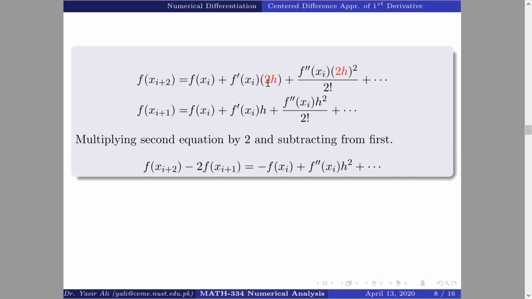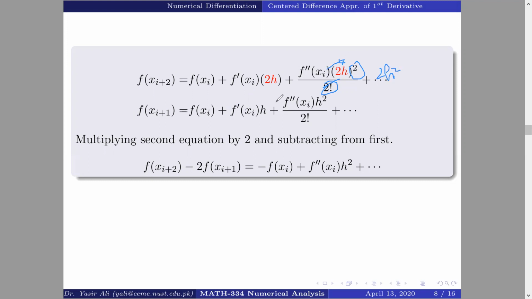Here we can see there is a 2h, and 2h here, and there is a minus sign, so this term will cancel out. Similarly, if we open this power, there will be a 4. So 2 factorial is 2, and 2, so I will be left with 2h square in that case.